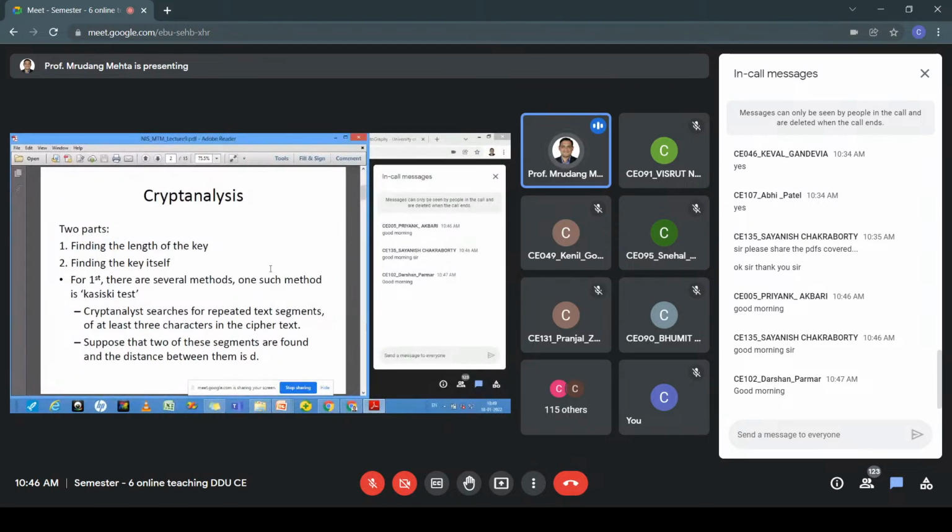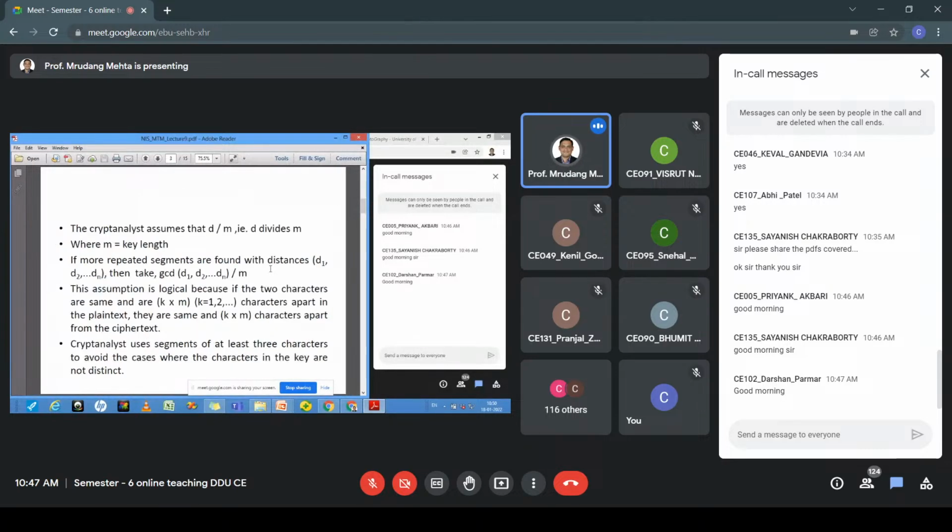Suppose there are 2 segments that are found, and the distance concept was discussed. Distance is like the first repeated segment appears, and then the same segment appears again. What is the difference between those? If one segment is found repeatedly, then there is only one distance.